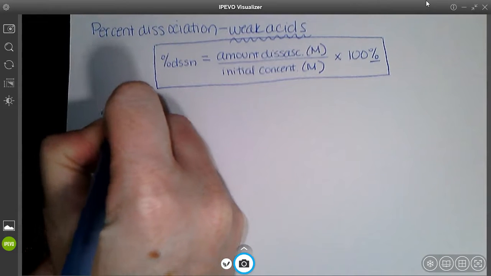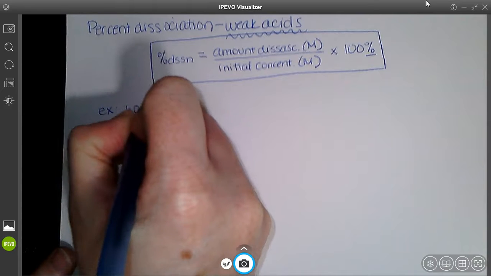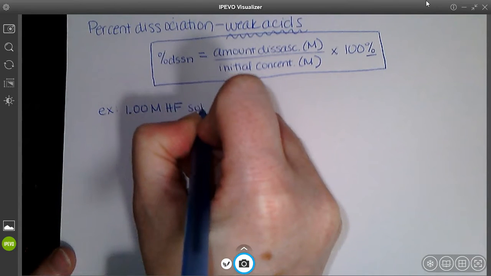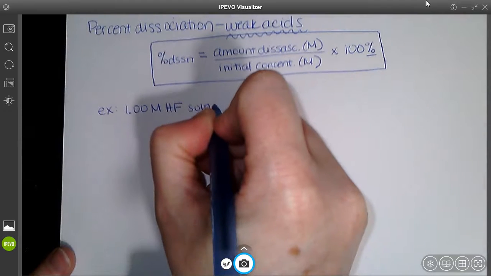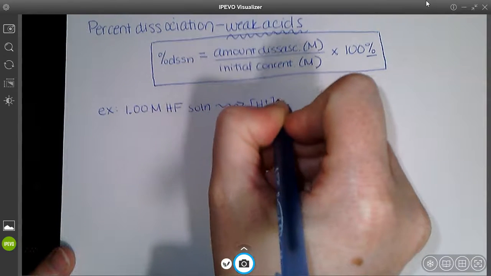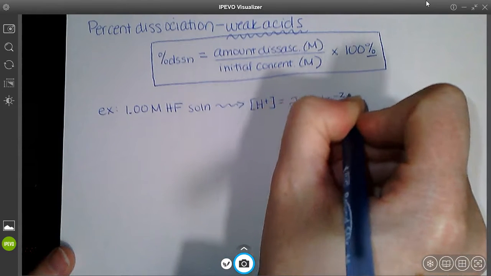So let's talk about hydrofluoric acid. We talked about that earlier. So if I have a 1.00 molar solution of hydrofluoric acid, we remember that that led to a hydrogen concentration, we did this earlier, of 2.7 times 10 to the negative 2 molar.